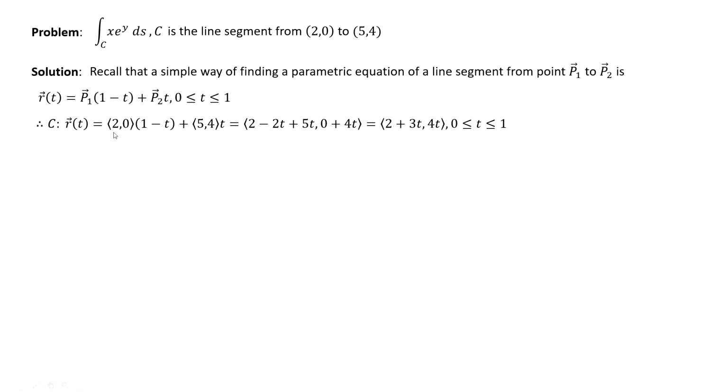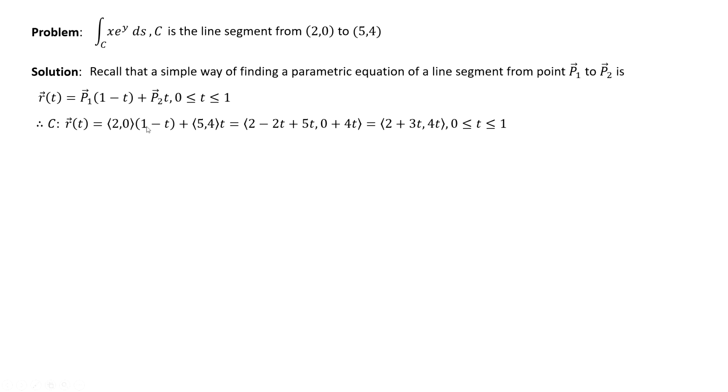And can we combine these two vectors? Can we add these two vectors? Yeah, multiply this. So you get 2 minus 2t comma 0. That's what happens to this. And this becomes 5t comma 4t. Add the x components, comma, add the y components.